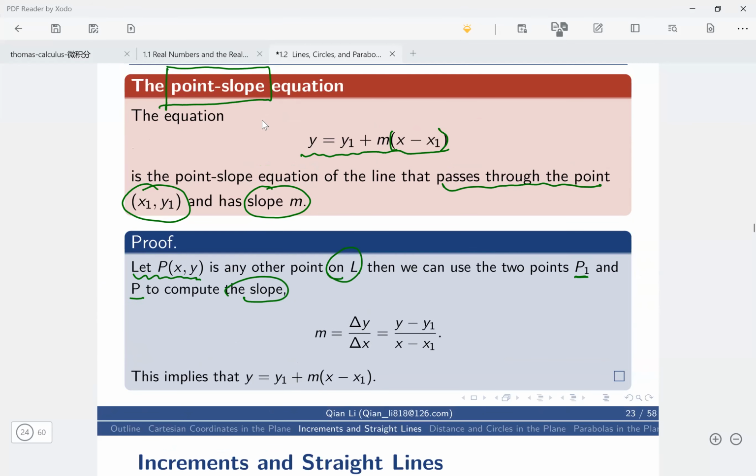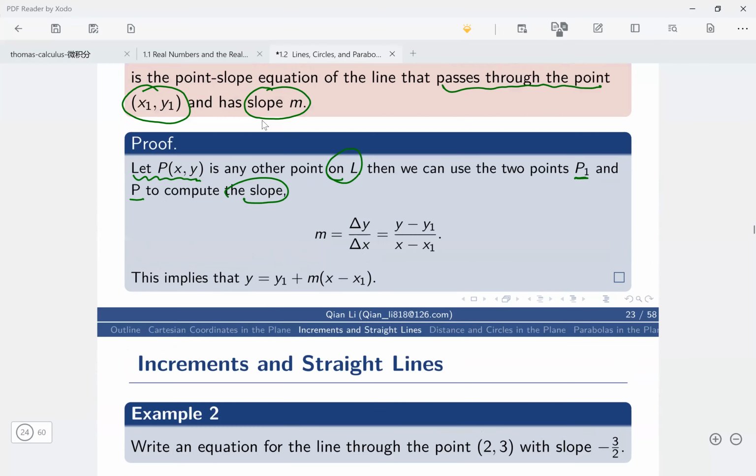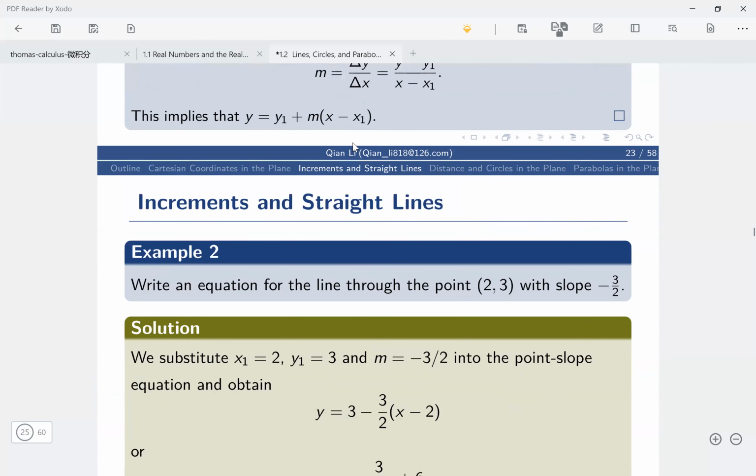And for this equation, we know the slope, which is negative 3 over 2, and the point is (2, 3). So y sub 1 is equal to 3, and x sub 1 is equal to 2, and m is equal to negative 3 over 2.